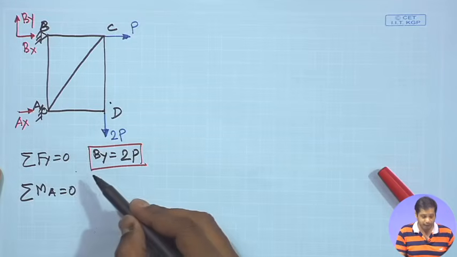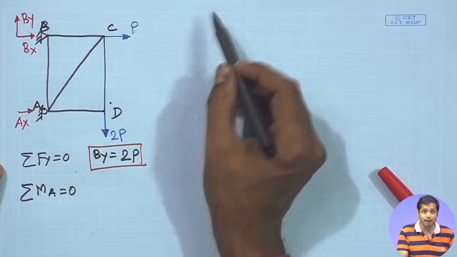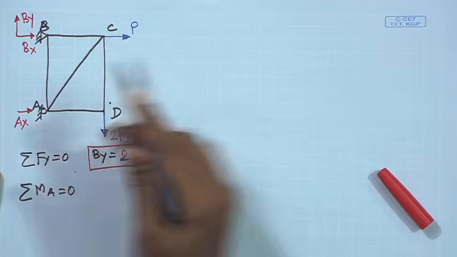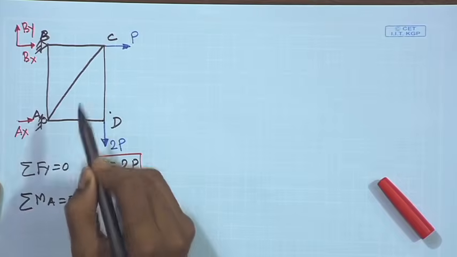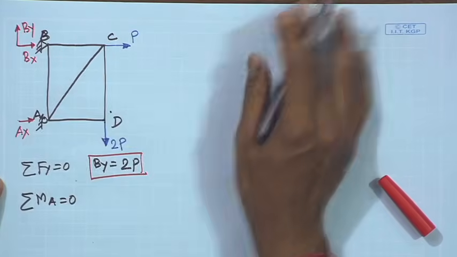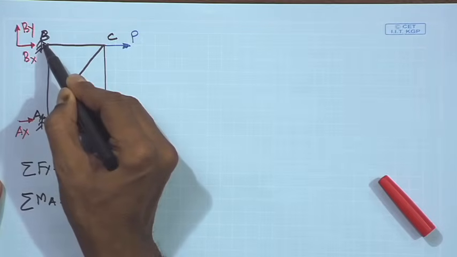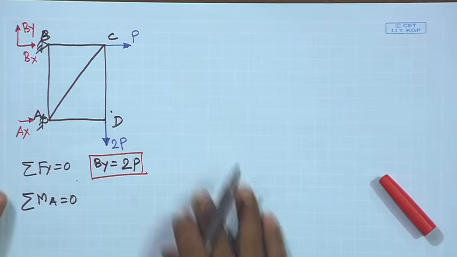Again, please remember, when you draw the free body diagram, the structure needs to be free from the supports, and the supports need to be represented by forces. I am showing the supports here only so that I don't have to draw the same figure once again.